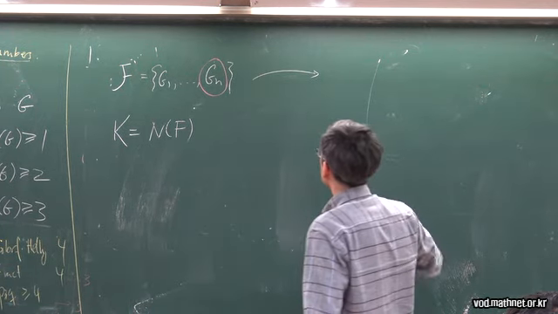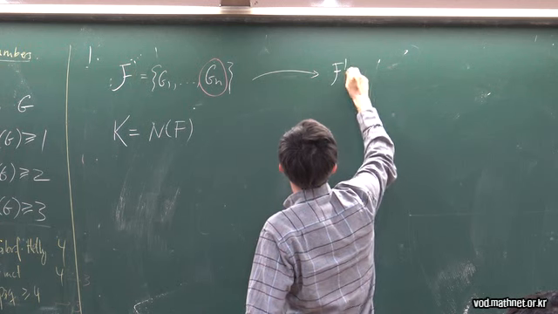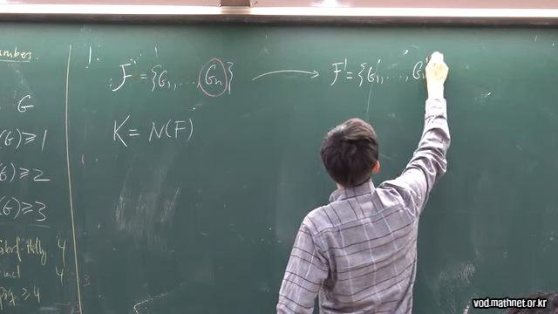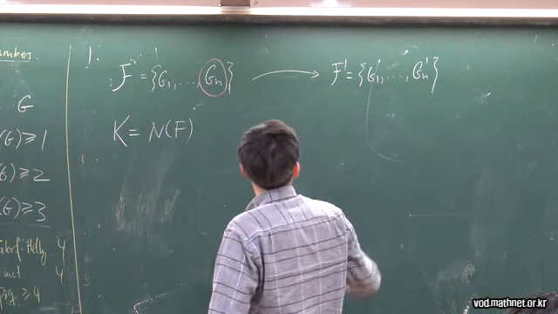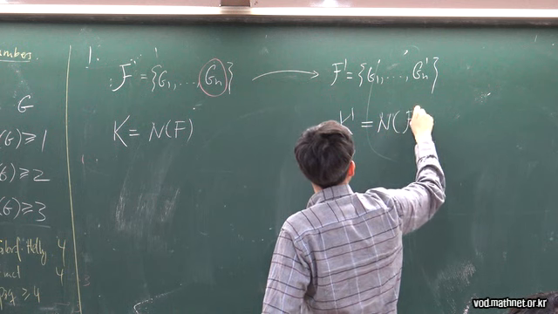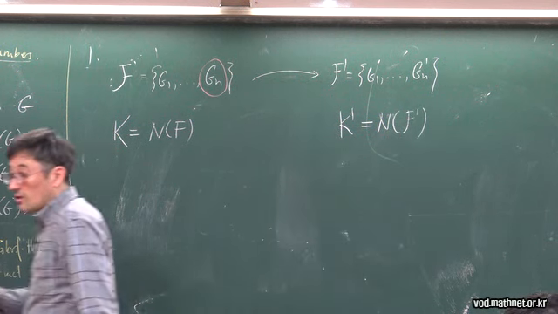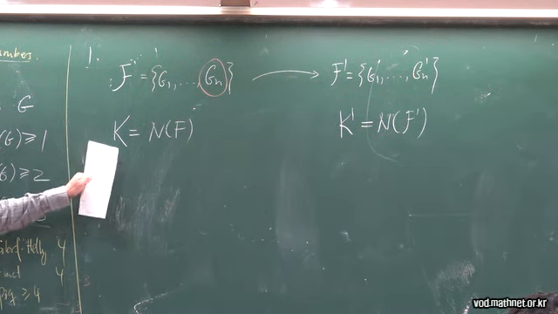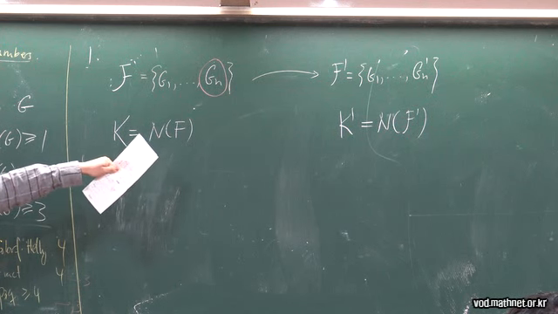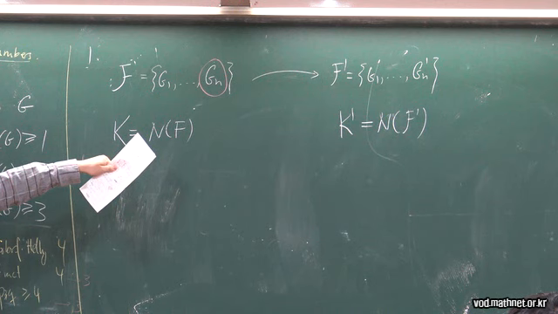So one of the members, I'm going to change it, get F prime, G1 up to Gn prime. And I get, of course, a new nerve over here. K prime is the nerve of F prime. And my hope is that when I change that thing, the nerve will change, but the 3-dimensional homology survives. Okay?